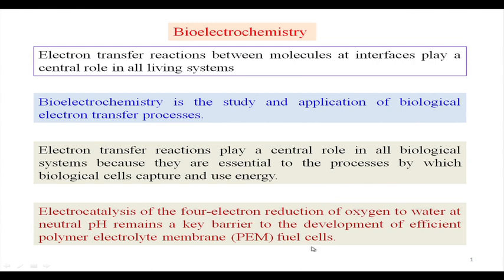So, we want to develop a fuel cell which can use living systems, that means biological molecules, as the fuel, and a polymer electrolyte membrane, because we already know how we can use a membrane on the electrode surface, which can allow some species to pass and some not. The development of these PEM based fuel cells can be an immediate target where the pH is neutral.